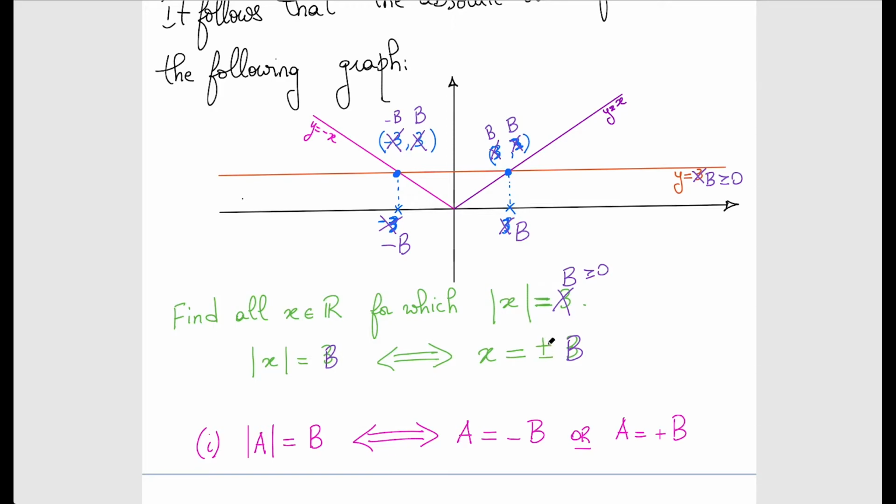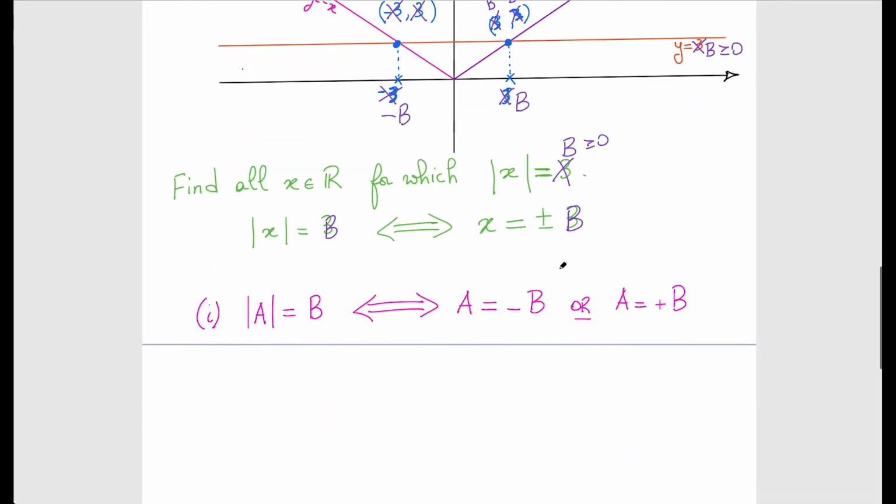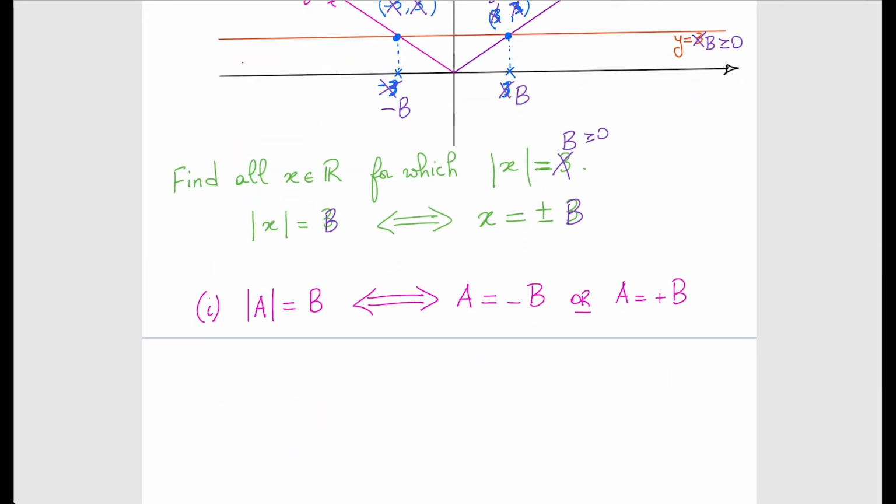Okay. So now, if we ask the following question: find all x in R for which the absolute value of x is, let's say, less than or equal to 3.